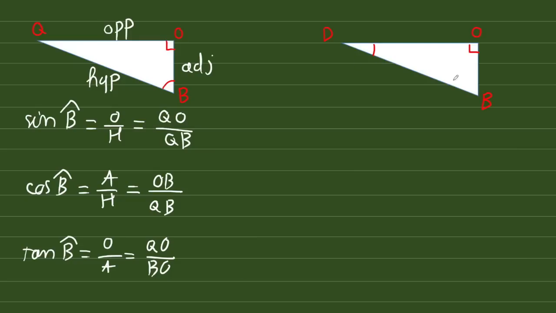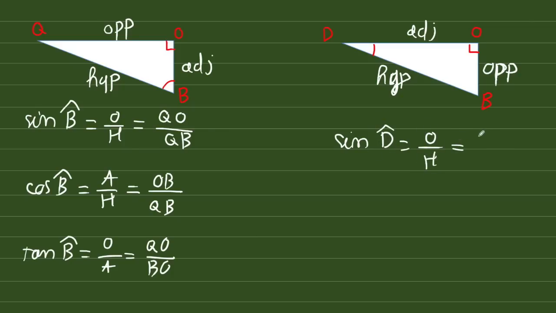The same thing for this one: I write down hypotenuse in this one, opposite here because the chosen angle is D in this position, and the last one is adjacent. Sine D is opposite divided by hypotenuse, OB divided by BD.